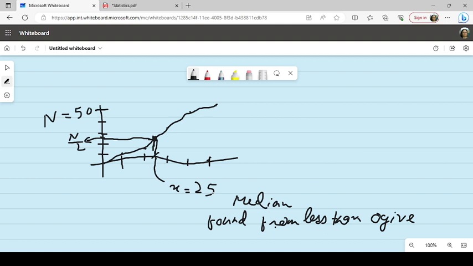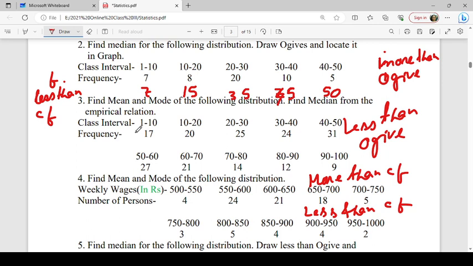N by 2 cuts the ogive at this point, and we find the x coordinate here. Counting 0, 10, 20, 30, we may find this as 25. So our answer is that the median is approximately 25.